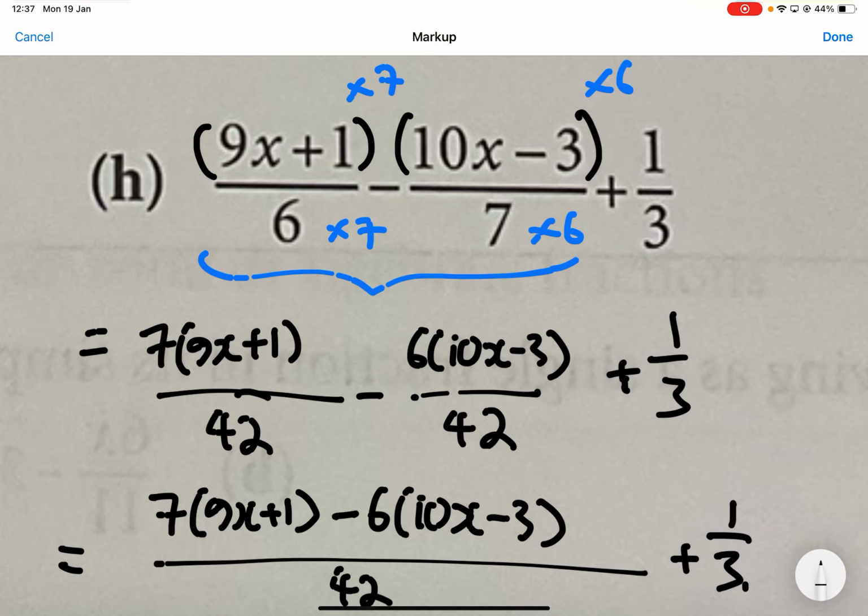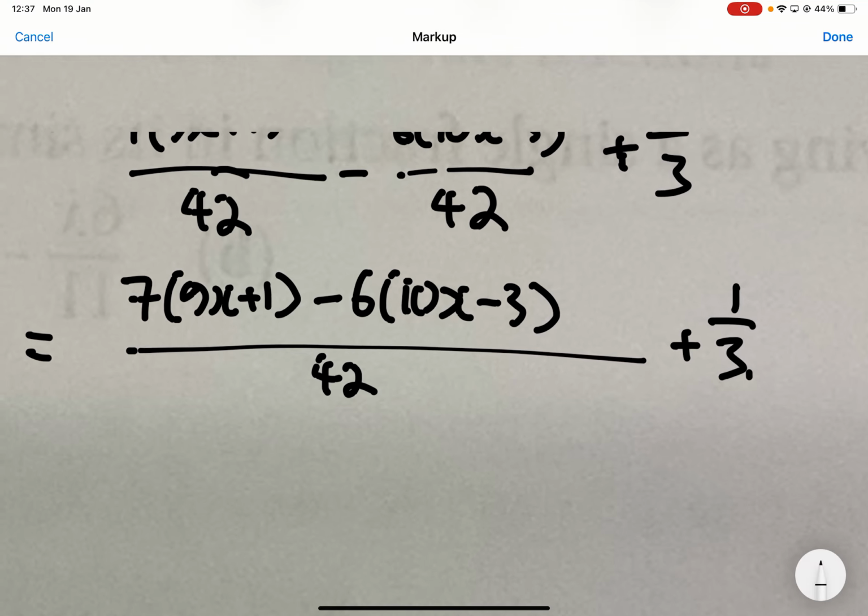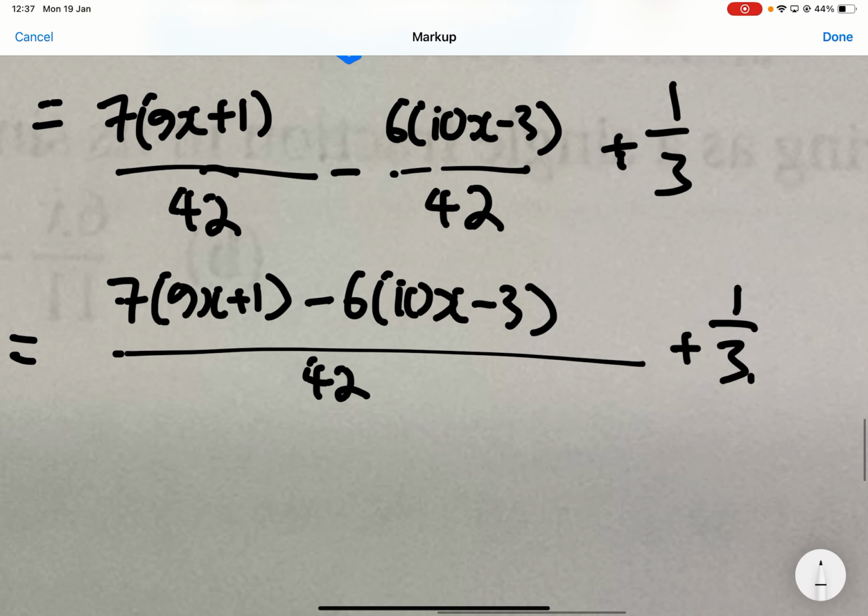Once these two have the common denominator of 42, I can put them together into one fraction because the denominator is the same. And when I'm subtracting, I just take the numerator of the first fraction minus the entire numerator of the second fraction. Then we stop here.